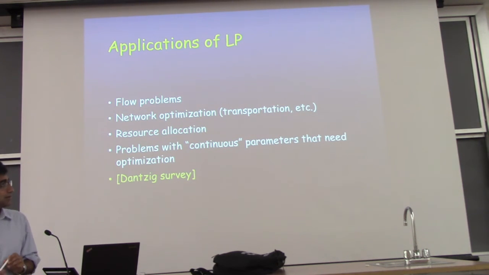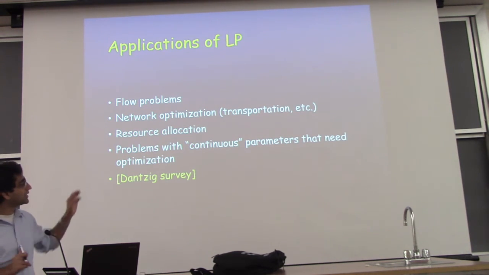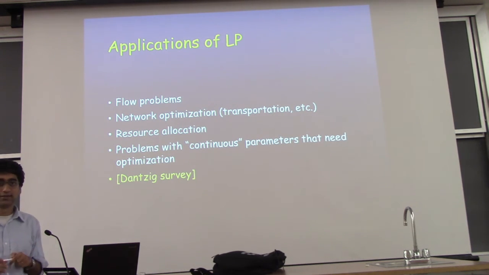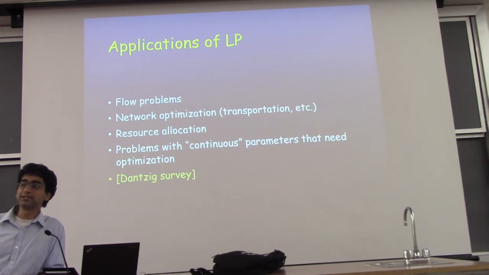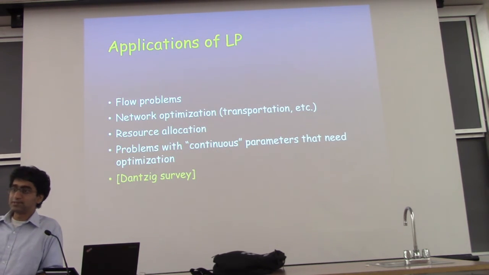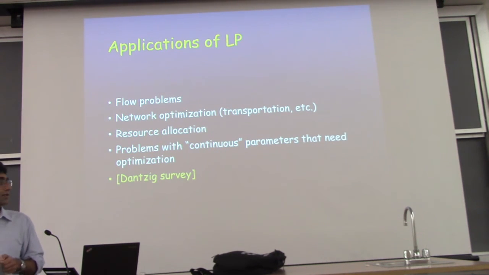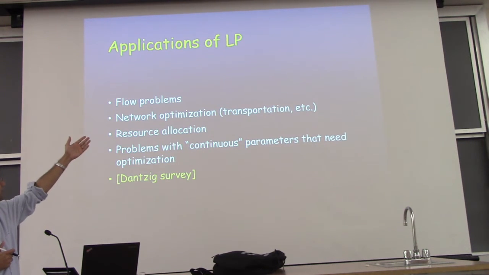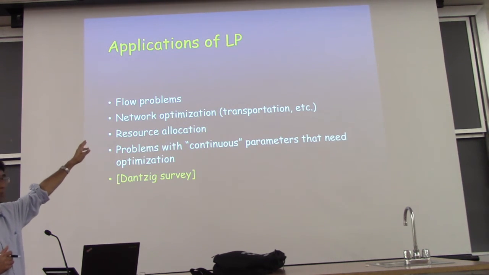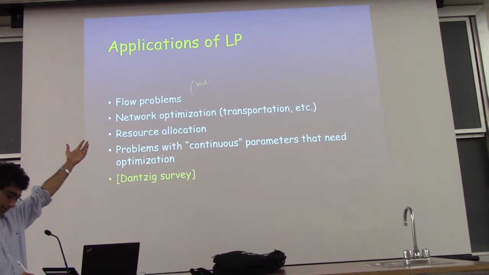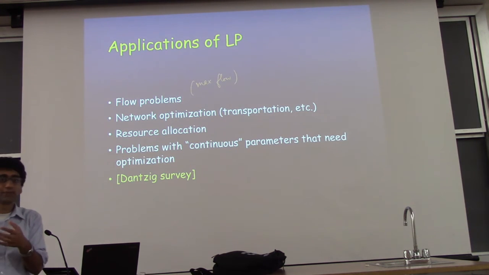In particular, one thing I mentioned at the beginning is the original motivations. These are the motivations that existed from the 50s, which is that linear programs can directly capture things like flow problems. We saw that max flow can be captured using linear programs, and anything that can be captured using flow can therefore be captured.